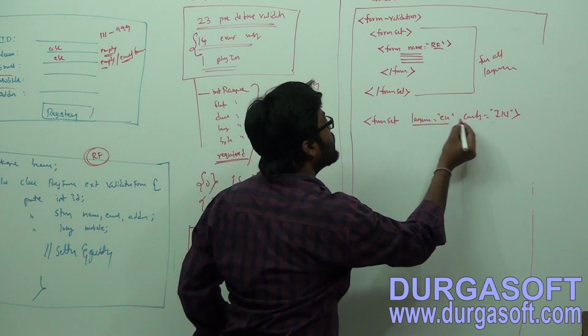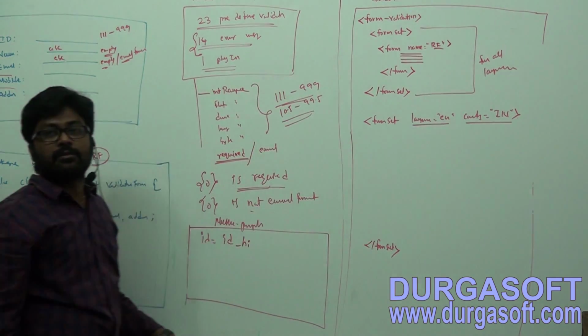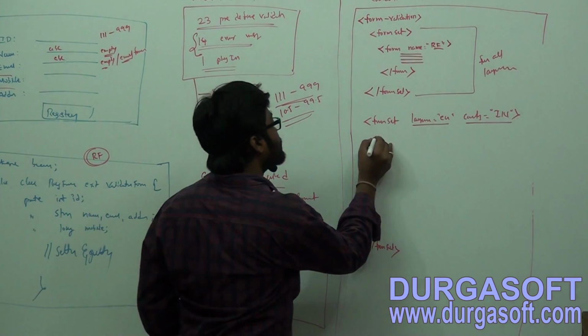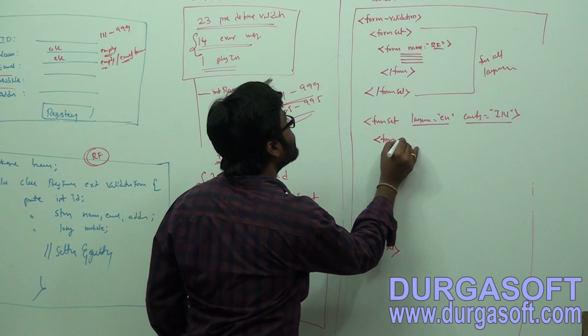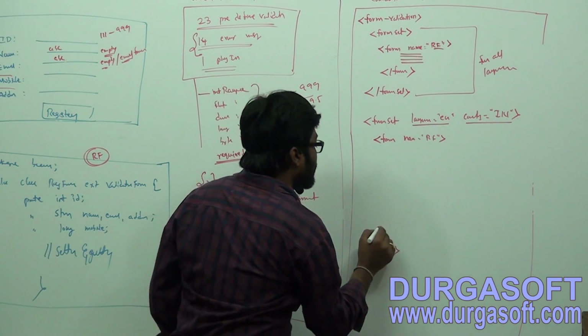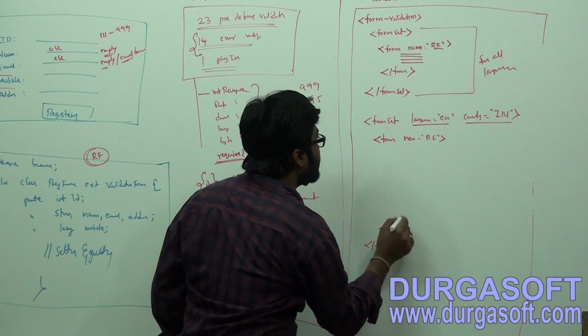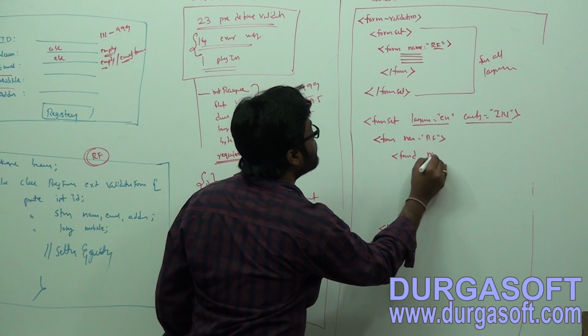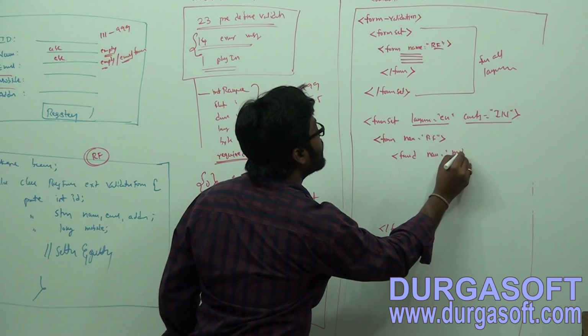If you write language en and country in, only for India it will execute those form set validations. And my form name is RF. And for this form, how many fields do we need to check for Indian? Only one single field. Field name, mobile.